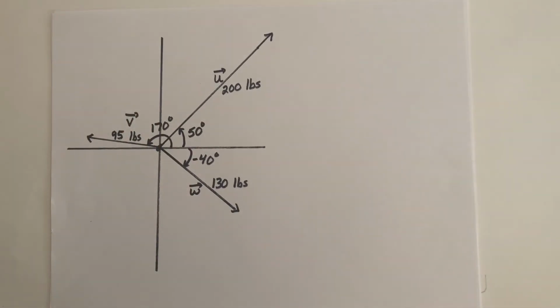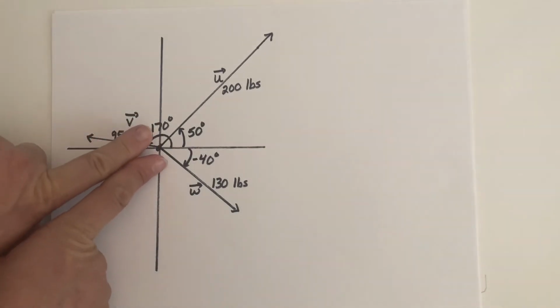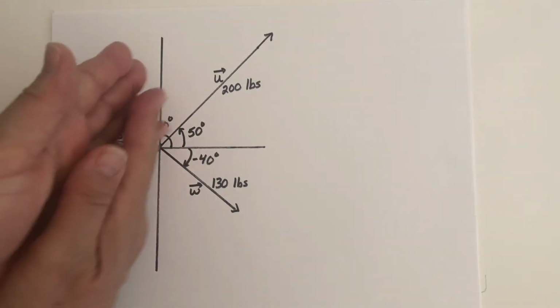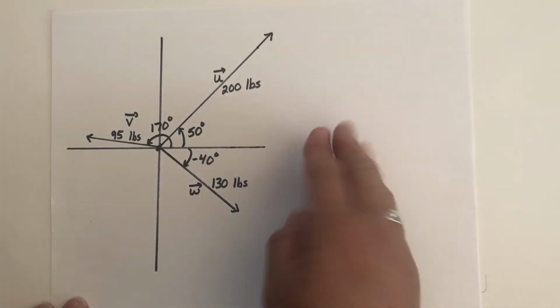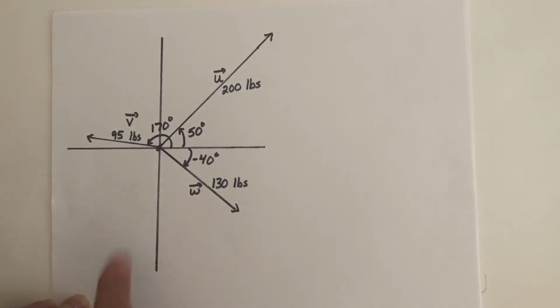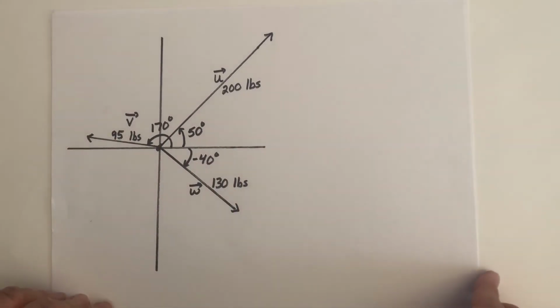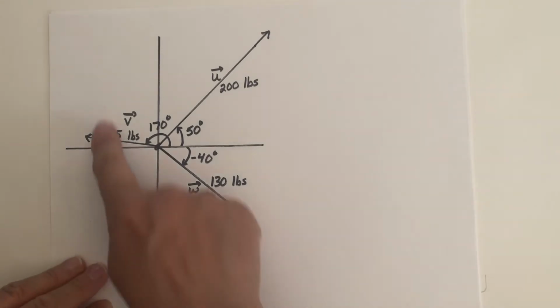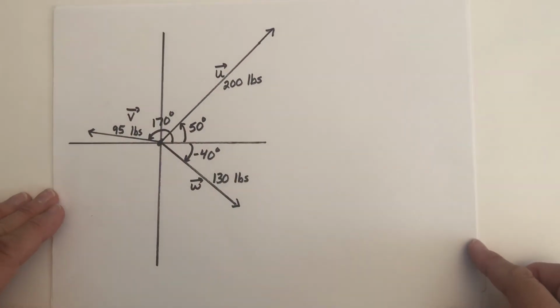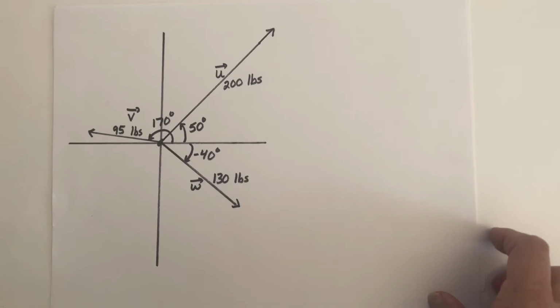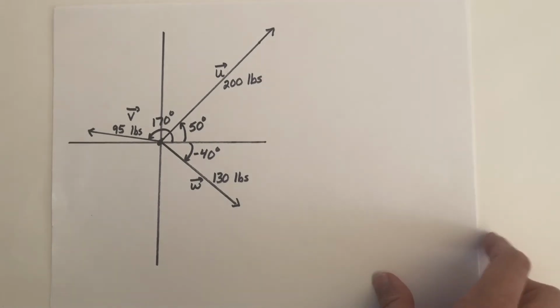What would be the result? Do you see that the result will be as if more force is going to the right instead of to the left, but this force will be pulling it back a little bit? Let's add the vectors. Remember, the resultant is what you get when you add the vectors. So I drew the picture of each of these vectors.